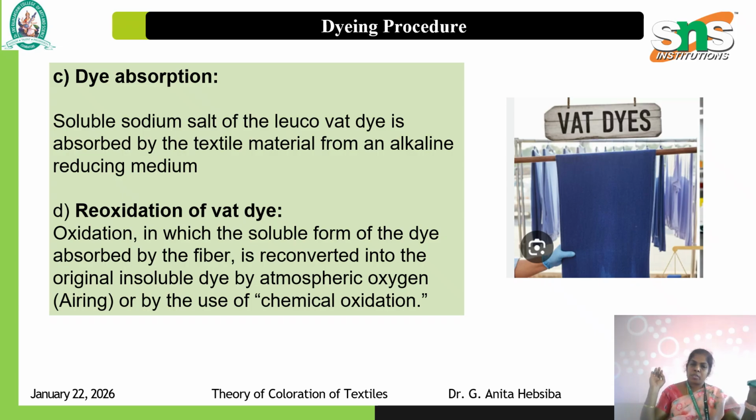Chemical oxidation is also done, but you can also make use of atmospheric oxygen, simply by letting the fabric dyed with vat dyes stay in open air. The soluble form of the dye absorbed by the fiber is reconverted into the original insoluble dye by atmospheric oxygen, simply by airing or by chemical oxidation.